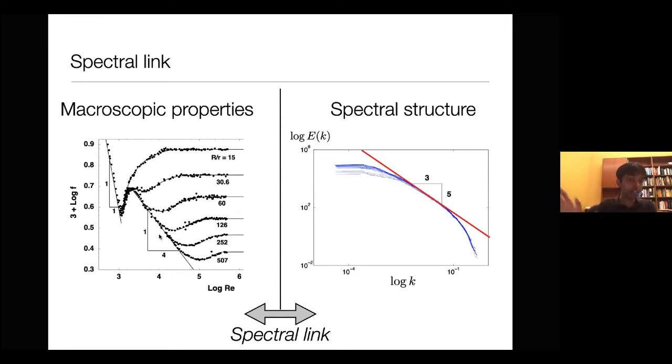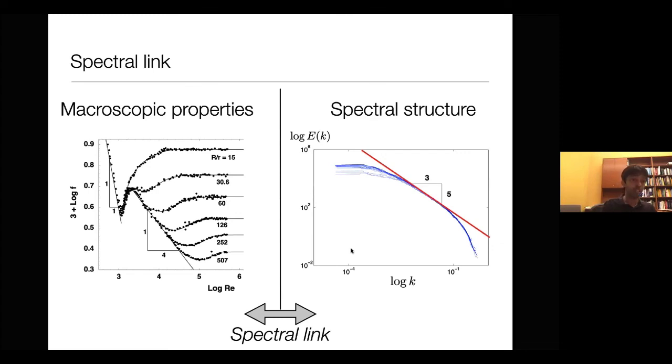And then there are other chapters devoted to things that perhaps physicists and applied mathematicians are more interested in, which is the spectral structure. So these are two separate entities. And what we have really argued is that these two are but manifestations of the same thing, and in fact are inextricably connected with each other. And that's the very notion of spectral link.